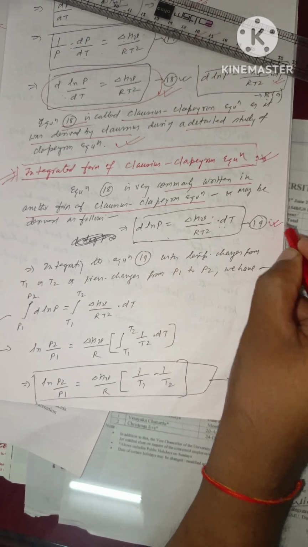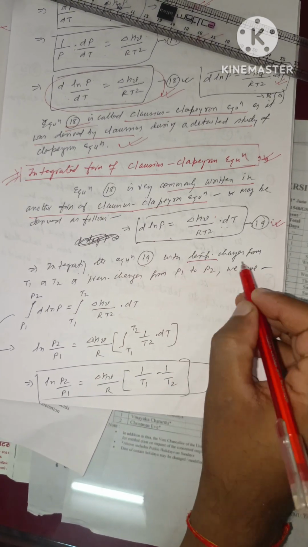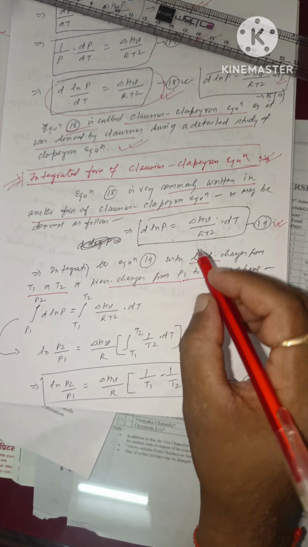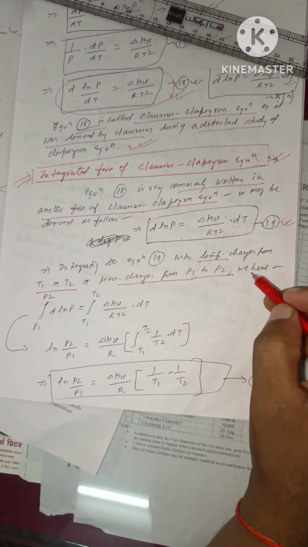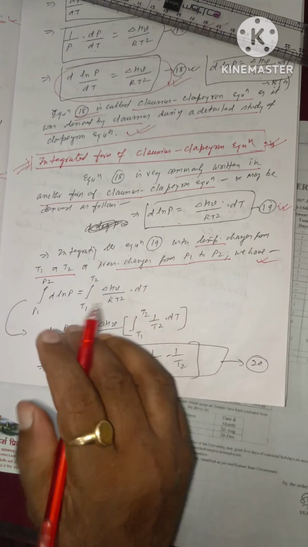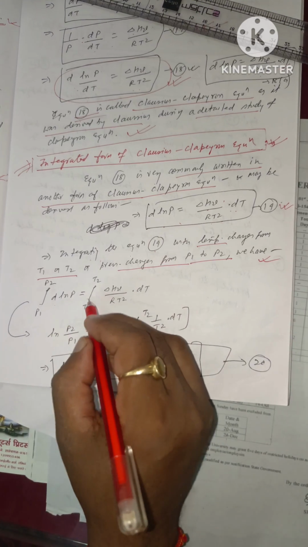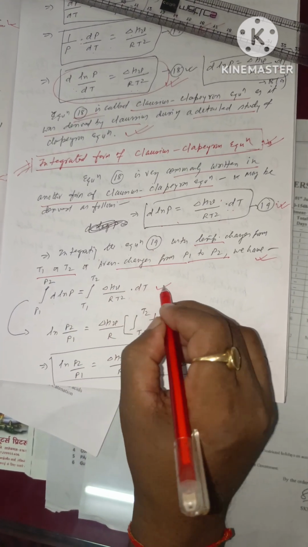Say it equation number 19. Integrating equation 19, where temperature changes from T1 to T2 and pressure changes from P1 to P2, the limits will be T1 to T2 and P1 to P2. Then we have the integration from P1 to P2 of d ln P is equal to the integration from T1 to T2 of delta Hv upon RT square into dT.